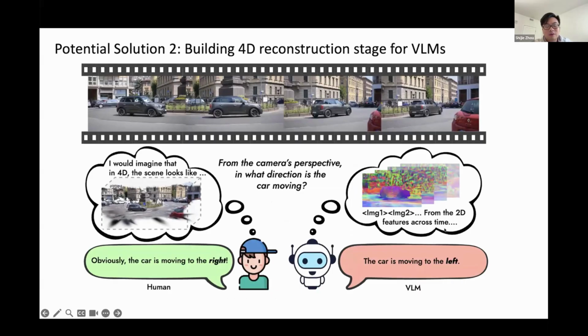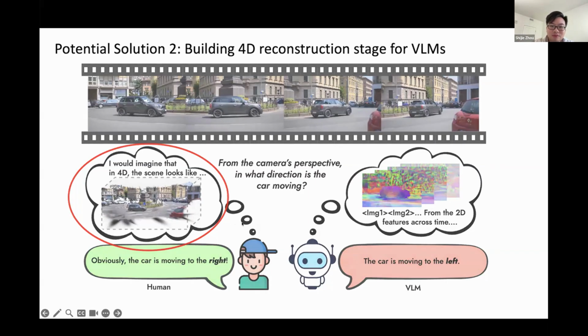And the second solution we would like to explore is, why not also establish a reconstruction stage for the VLMs? We try to somehow force the vision language model to think like human beings. We want to inject the global context, so what is happening globally, to the VLMs, and then ask them the question.